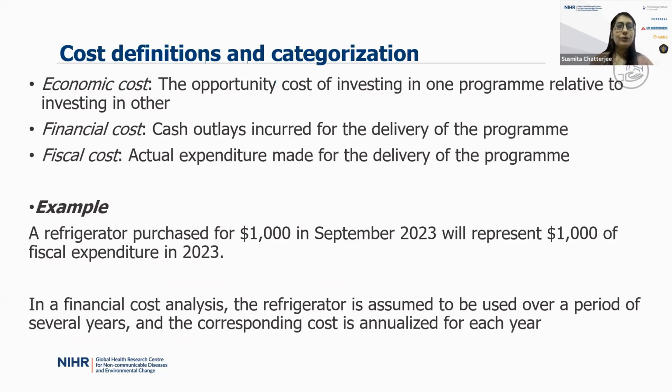Let's get into easier examples. Basically, when we think about economic cost, it is the opportunity cost. Those who are not familiar with economic terms, opportunity cost is the cost of the next best alternative.